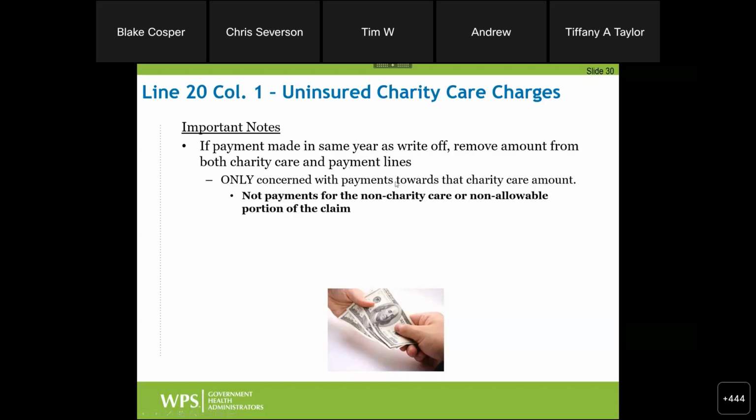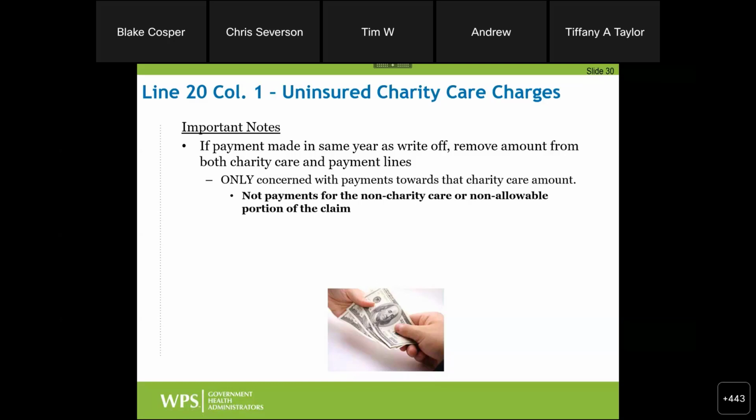Here's another thing that's changed or that's been reiterated over the past few years. CMS wants to make sure that if you have a charity care amount and if you've accepted a payment against that charity care amount, which, as we said earlier, is pretty rare because a lot of times it's refunded.